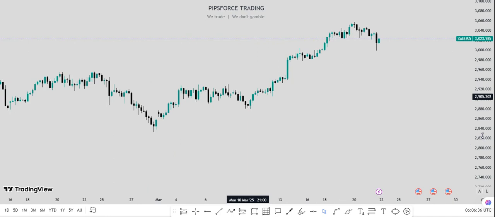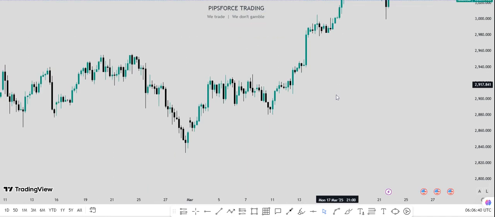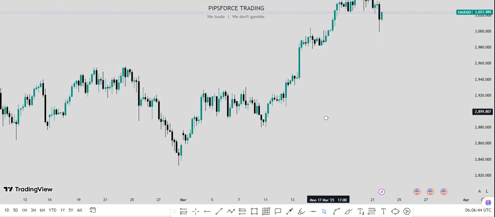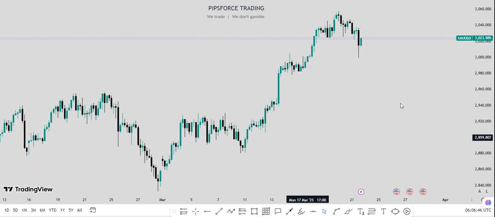In this case, if you open your chart, you look at the right-hand side and also the left-hand side of the market.